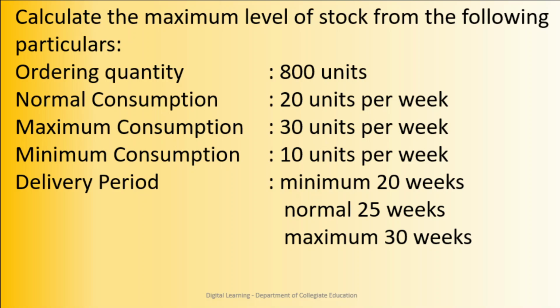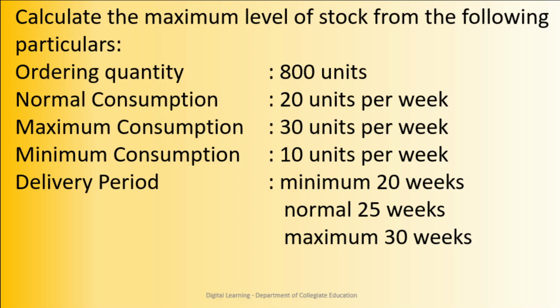First, let us recall the formula to compute maximum stock level: reorder level plus reorder quantity minus minimum consumption into minimum delivery time. Let's look into the data given in the problem once again.